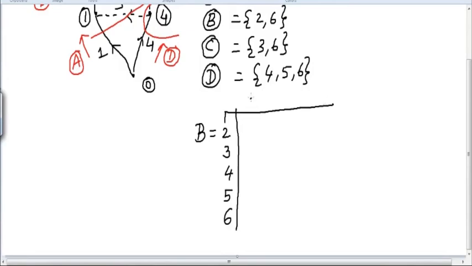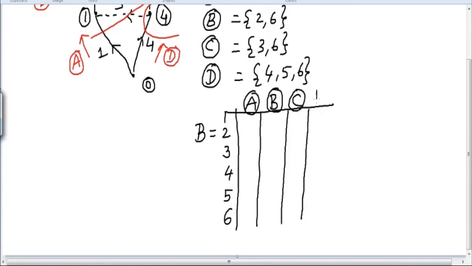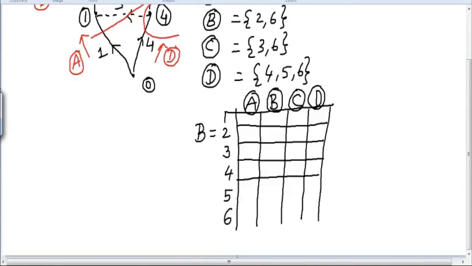And then the basic cut sets here in the horizontal line, A, B, C and D. So in this way we have made the table: 1, 2, then 3, then 4, then 5 and then 6. So these are the entries that we need to fill. We will start filling the entries one by one.